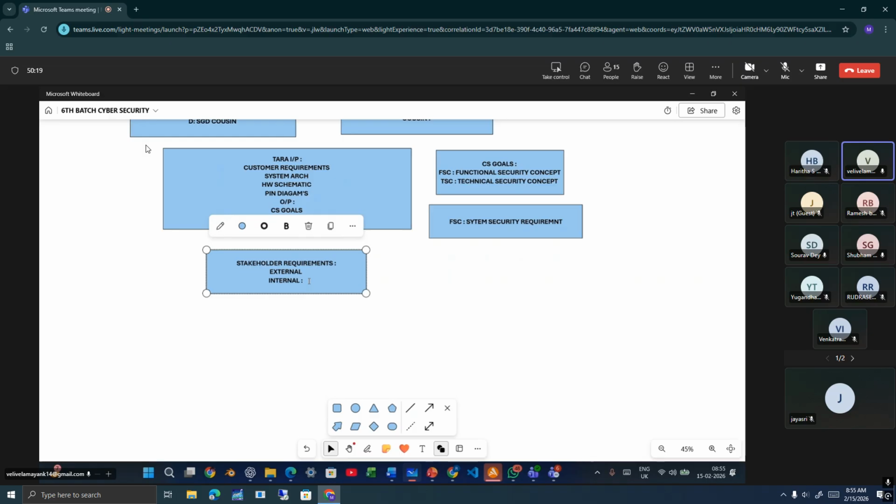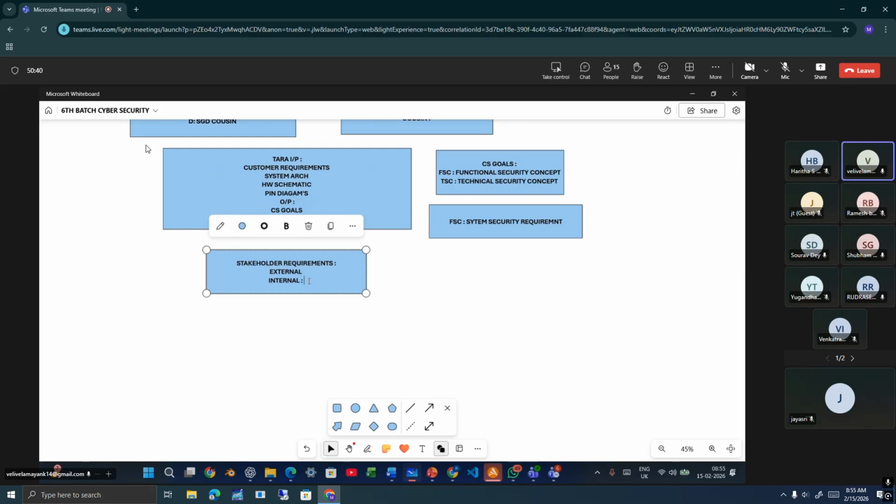Your internal stakeholder requirements are coming from one group in our project. Which group, tell me? Internal stakeholder requirements are provided by one group. They are also in the call. Who all are they?